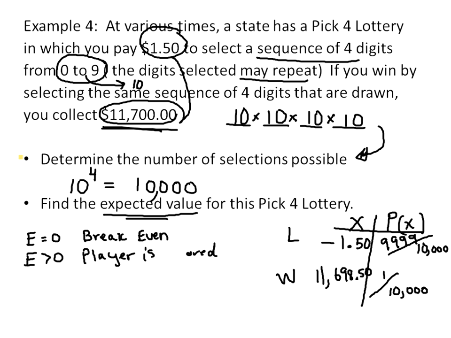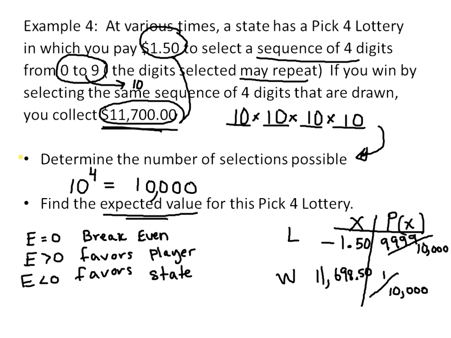And if the expected value is negative, then it favors the casino, or the state, or whoever is sponsoring this game. So in this case, it favors the state, or favors the house.